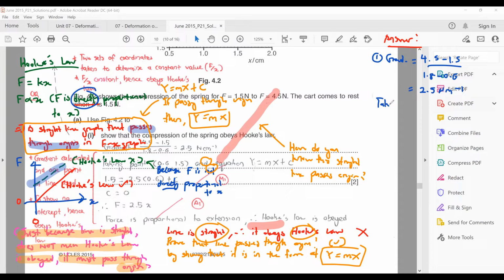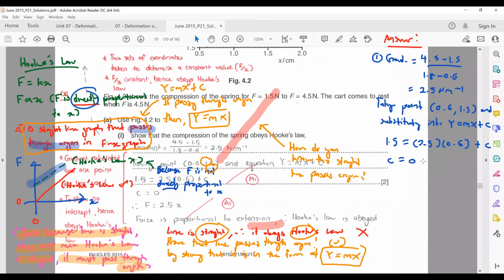Then after that, taking point 0.6 and 1.5 and substituting into y equals to mx plus c, you get 1.5 equals to 2.5 times 0.6 plus c. So c is 0. Up to this part, you should understand, right?